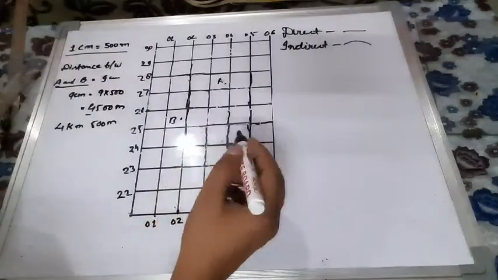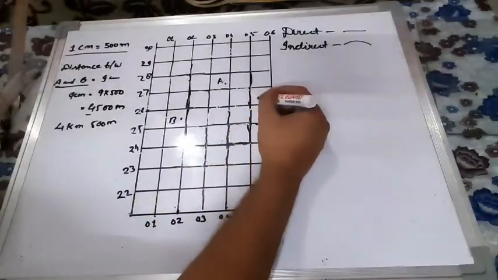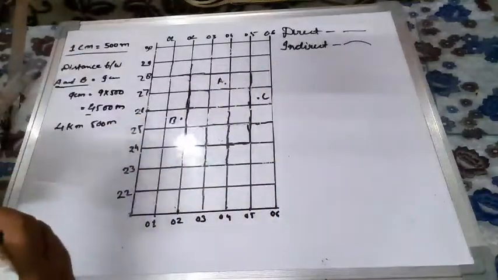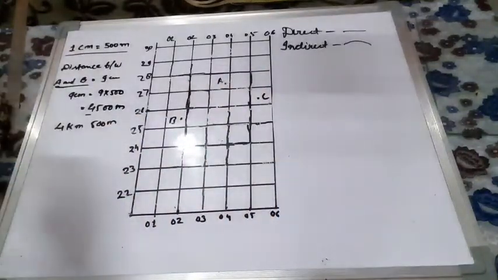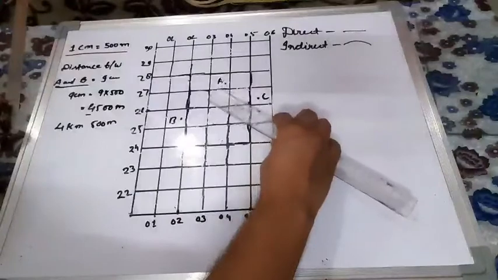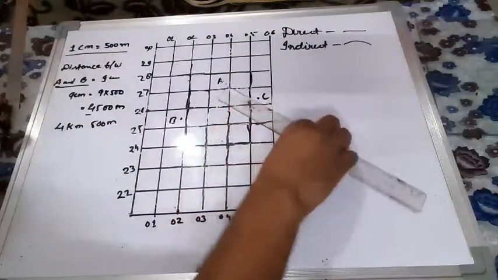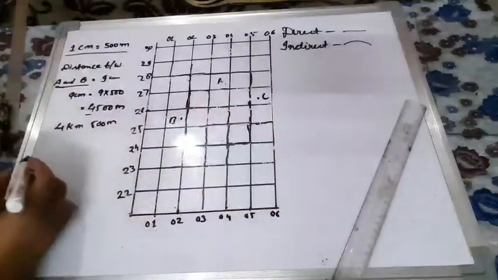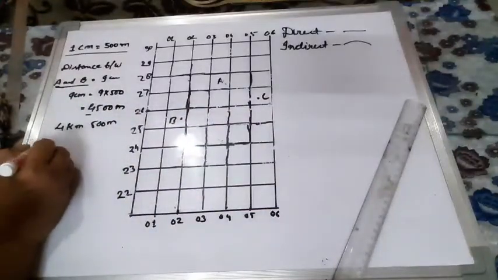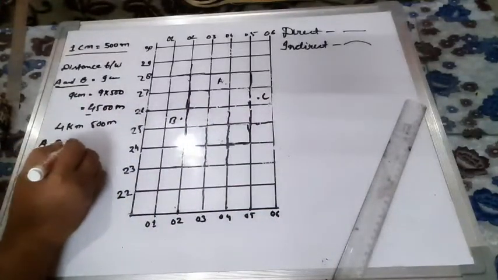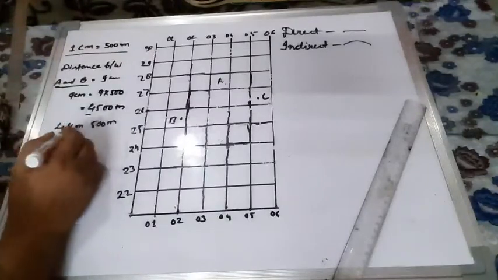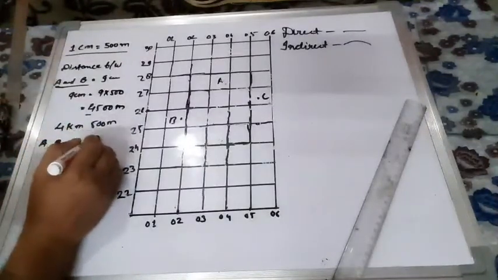Now let's see another distance. Suppose that there is another place here, C, है ना. So how will we find out this distance? Again we will put our scale or ruler here and find out the centimeters. So there are 6 centimeters there, है ना. So now finding out the distance between A and C, there are 6 centimeters.